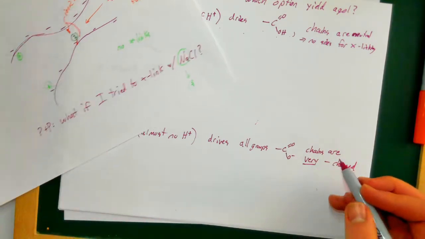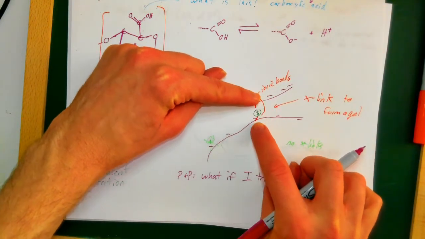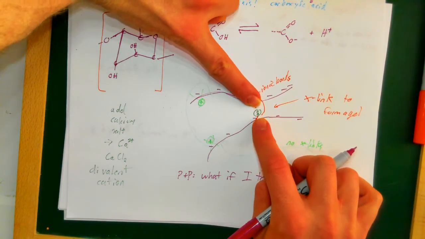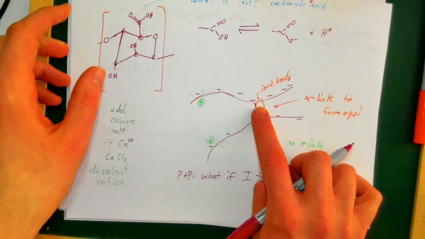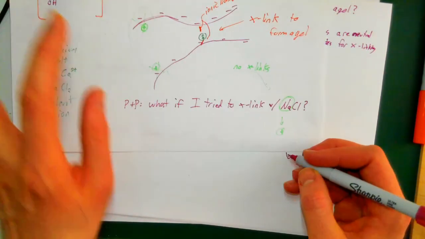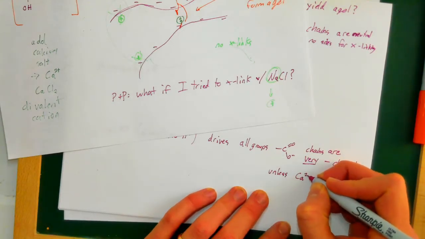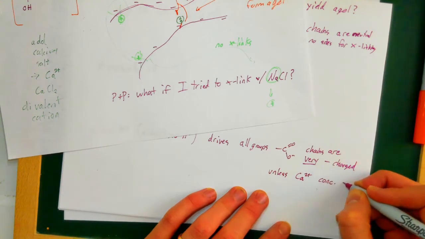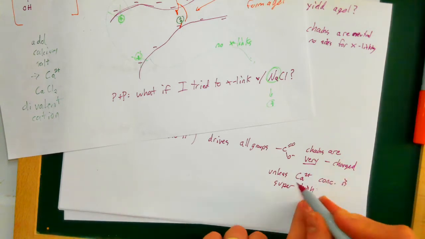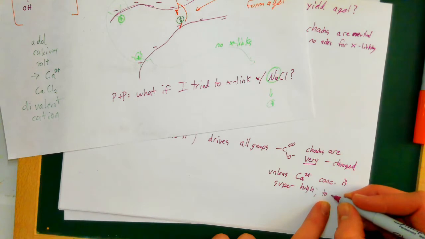If you can imagine, if these chains are too negatively charged, even if a calcium ion comes along, there's still too much chain-chain repulsion for these chains to get close enough for the calcium to form a cross-link. Unless the calcium 2+ concentration is super high, there's too much repulsion to overcome.